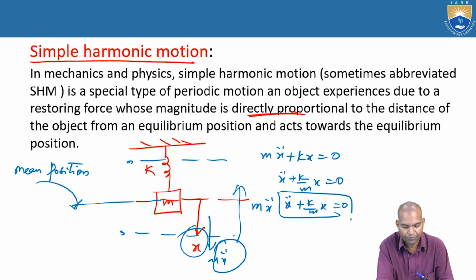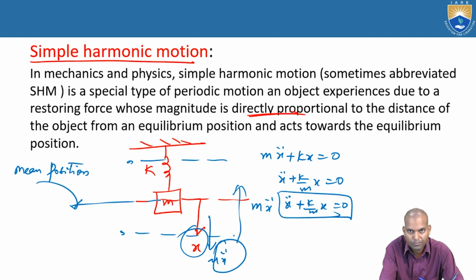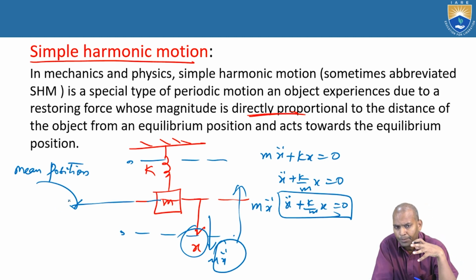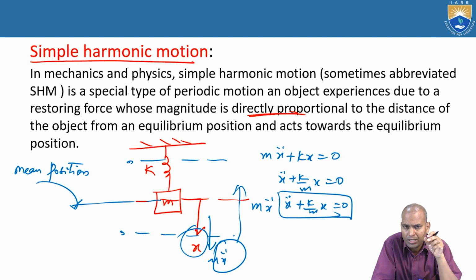This is the equation of motion of this spring mass system. The spring mass system represents linear simple harmonic motion. There are two types of simple harmonic motions. Number one, linear simple harmonic motion, and the next one is angular simple harmonic motion.